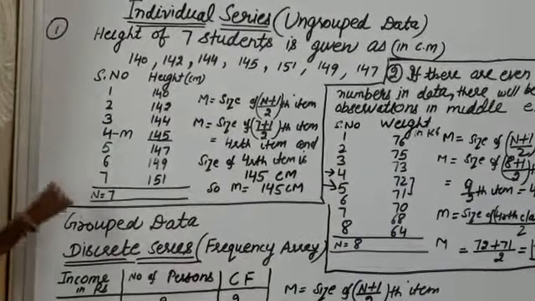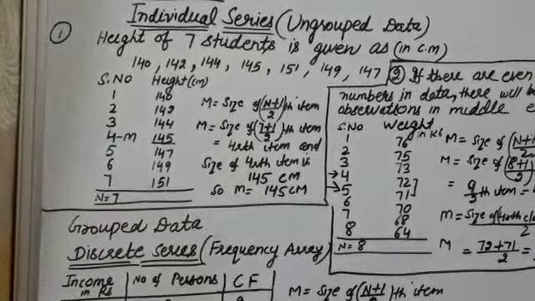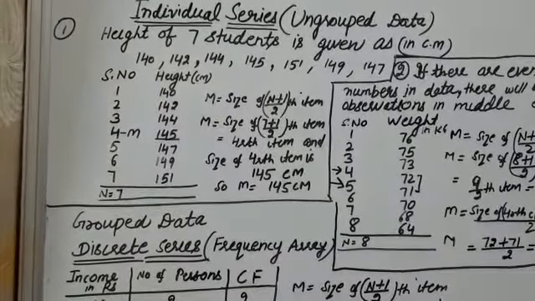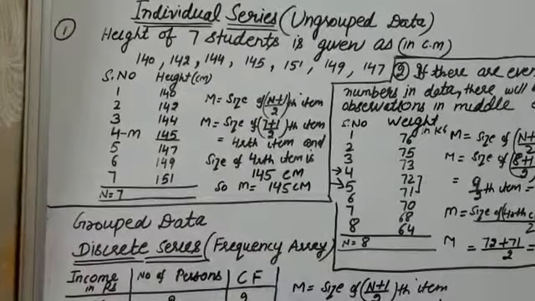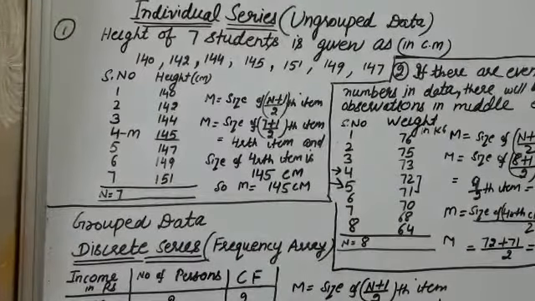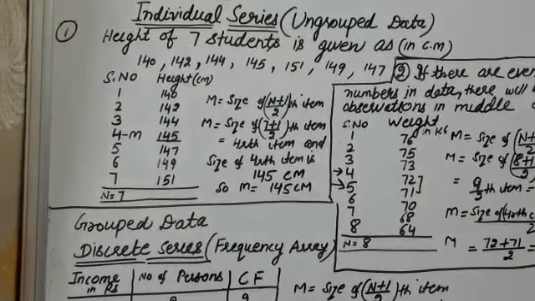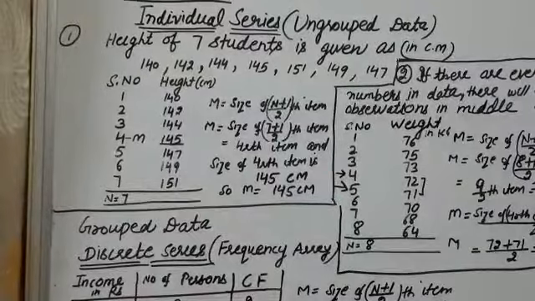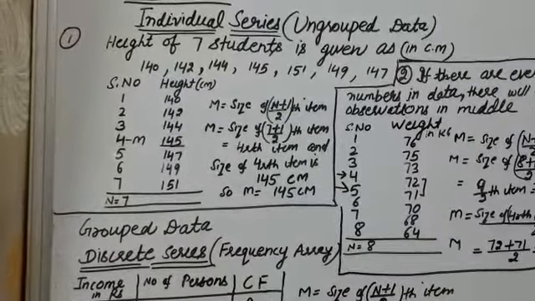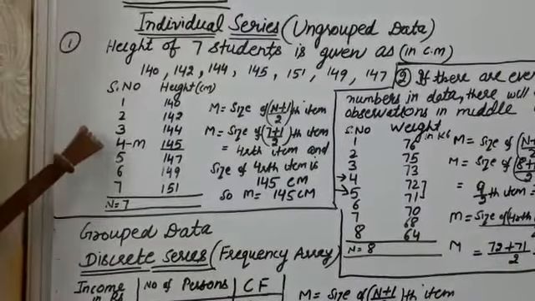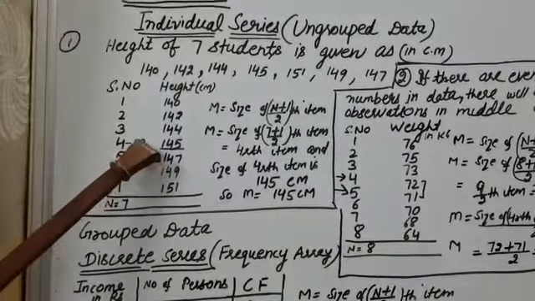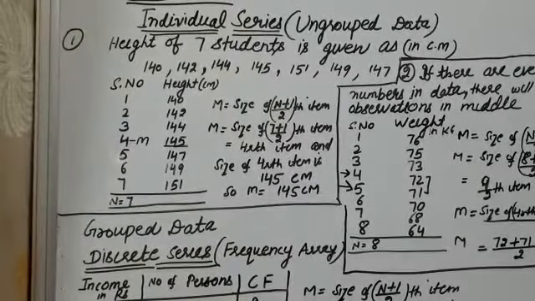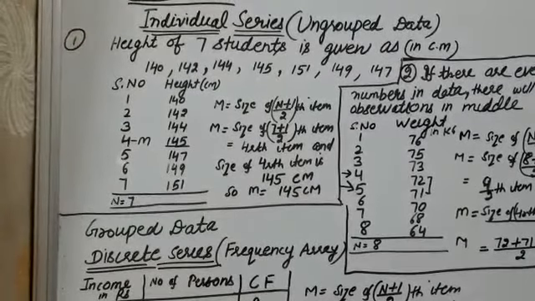So total number of students n is equal to 7. Now M, that is median, is equal to size of (n plus 1) by 2 th item. M is equal to size of (7 plus 1) by 2 th item, which is equal to the fourth item. Here the fourth item is 145. So median height of the students is 145 centimeter.